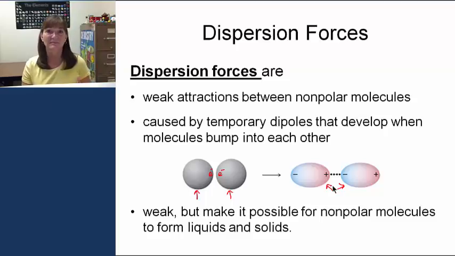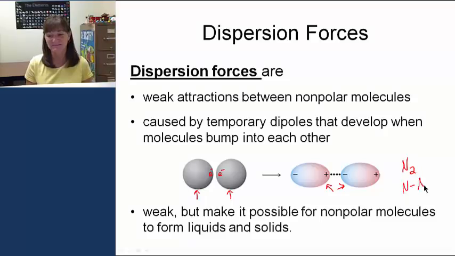So, for example, say like liquid nitrogen. So nitrogen is a nonpolar molecule. Actually, I don't need to draw it out, because you would know that if you did the electronegativity values, you're going to end up with electronegativity value difference of 0. So it's going to be a nonpolar molecule.